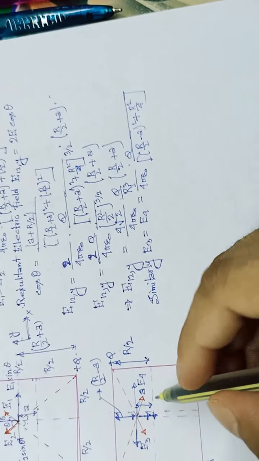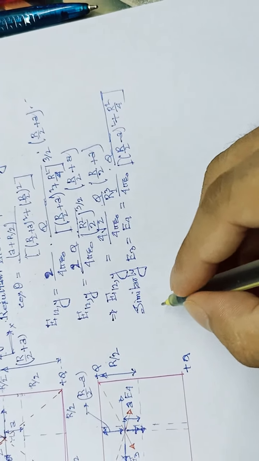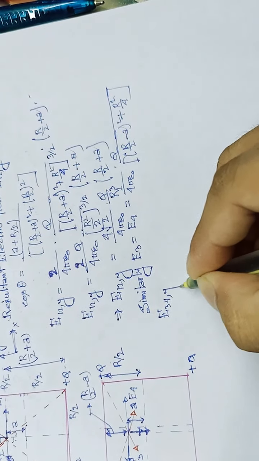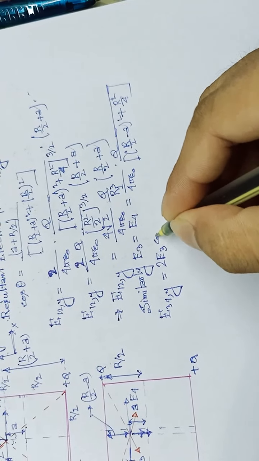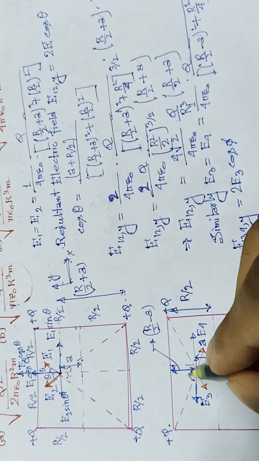Now the resultant field in this direction, E34 in the direction Y, will be equal to 2E3 cos phi. Here the angle is defined as phi.